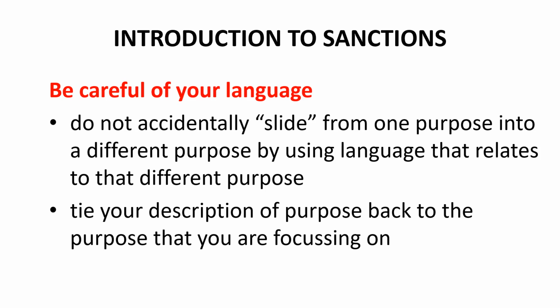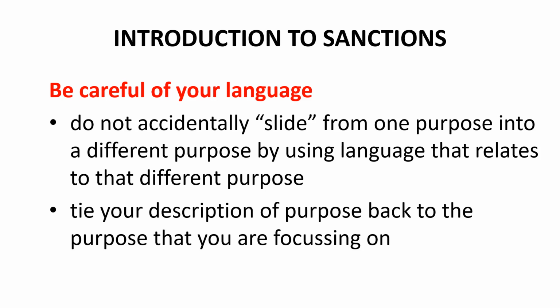For example, if you choose as your 2 purposes deterrence and community protection, then you must be careful not to refer to punishment, such as by saying that imprisonment protects the community because it punishes an offender by depriving them of their freedom. However, if you are careful to tie back your answer to the purpose that you're talking about, then you can still incorporate other purposes. For example, if you're answering a SAC or exam question that requires you to describe one purpose of community correction orders, then you could choose as your purpose community protection.